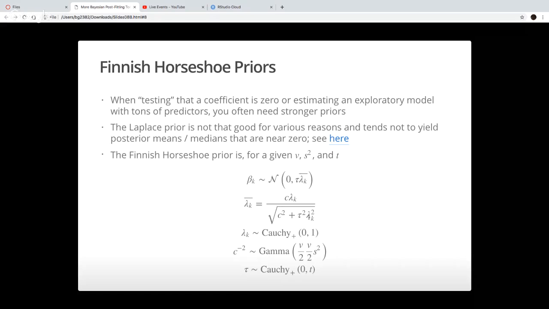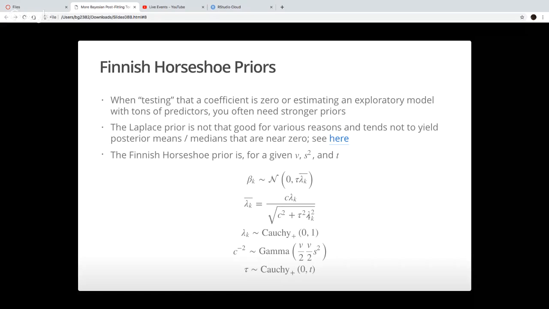And so that has motivated a lot of more genuinely Bayesian people, but even some quasi-Bayesian people, to search for alternatives that they could use as priors on regression coefficients when you expect or assert most of them to be really close to 0, but that doesn't shrink the big coefficients towards 0 too much.